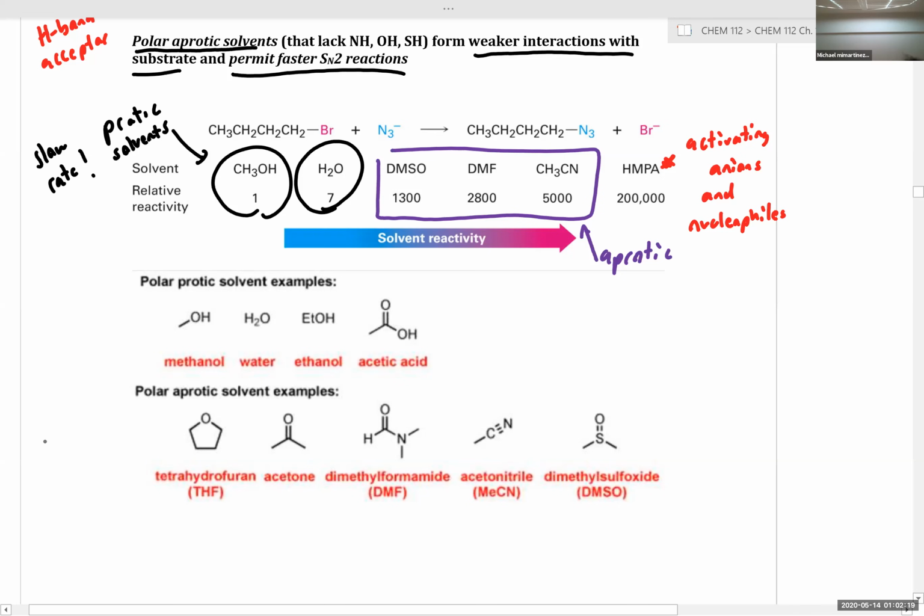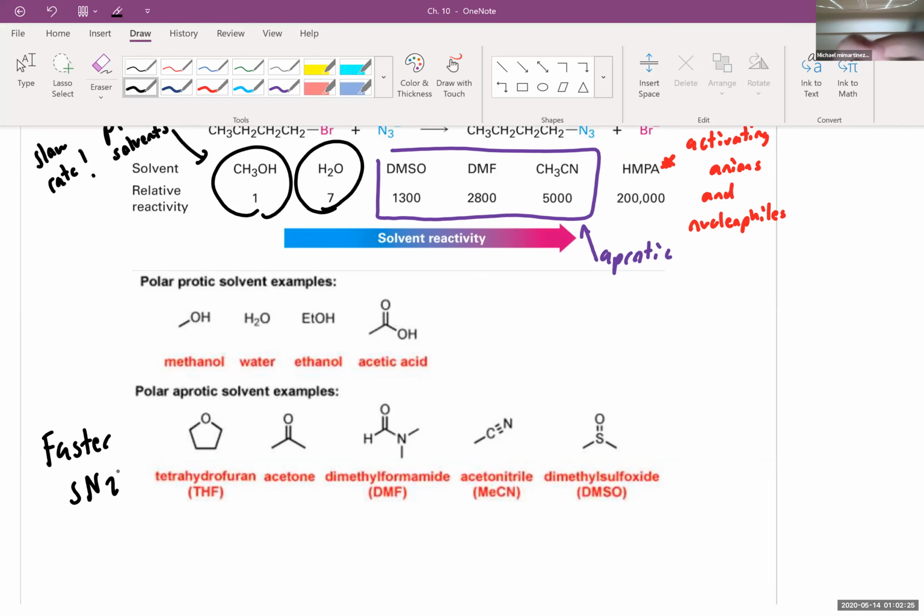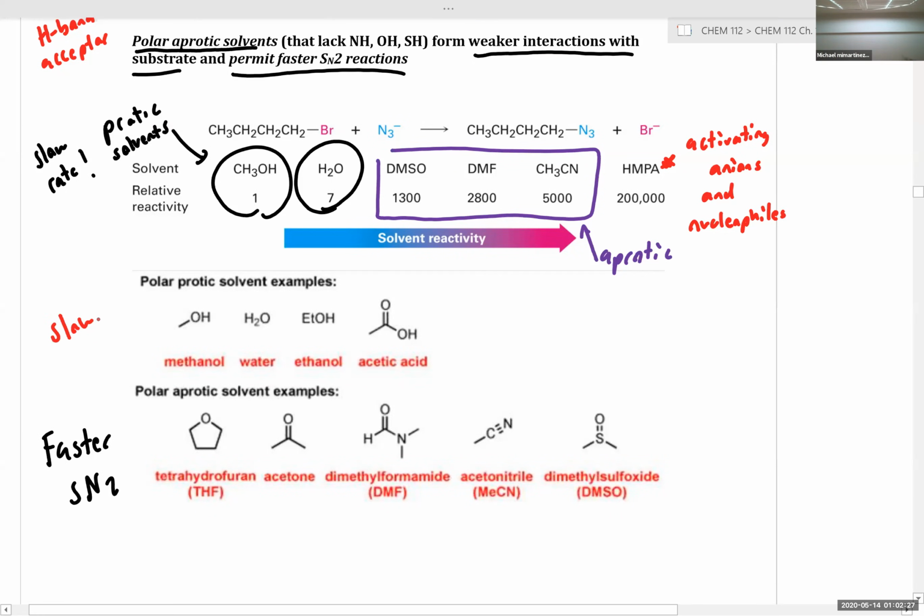Polar aprotic, we have a faster SN2. Polar protic, we have a slower SN2 reaction. So depending on your solvent choice, you can skew which reaction pathway is accelerated and which reaction pathway is preferred. So solvent has to be chosen very carefully.